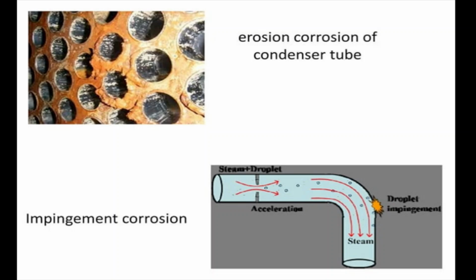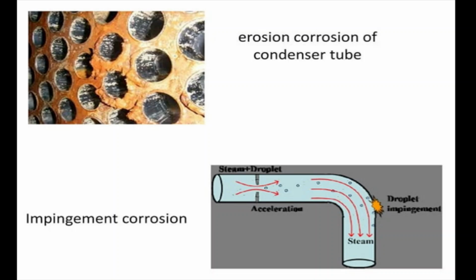The second type is called impingement corrosion. Over here we can see that the steam and the droplets, when they pass through a very narrow channel within a closed pipeline or loop, immediately get accelerated. At the cost of the pressure drop, the velocity increases, and if there is any bend or curved section in front, the small droplets create an impingement effect.